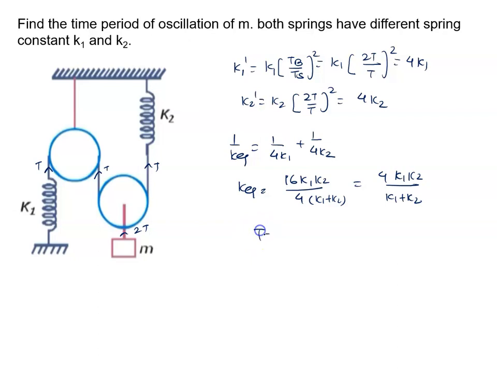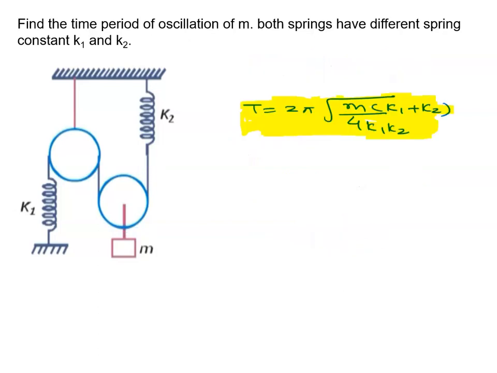And we calculate the time period of oscillation, 2 pi root m by K. In place of K equivalent we write 4 K1 K2 upon K1 plus K2. So the answer of this problem is 2 pi root m (K1 plus K2) upon 4 K1 K2.